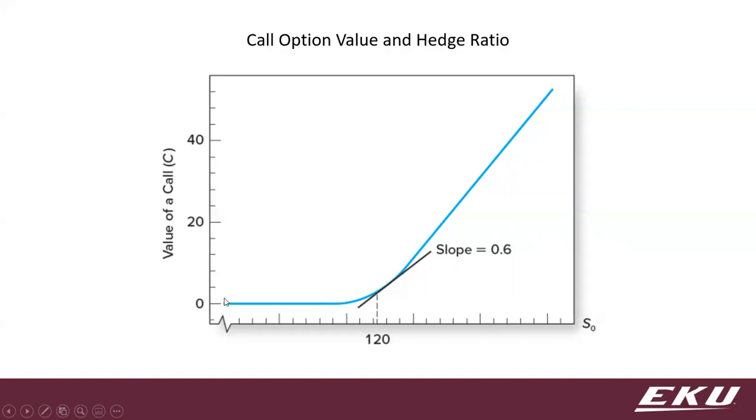So this is the call. Now it doesn't snap until the actual exercise, but it'll have this bend. But at some point, we'll have this optimal hedge ratio, which is based on the probability that we would be in or out of the money. And so the line here is going to be tangent to that curve at that particular exercise price.